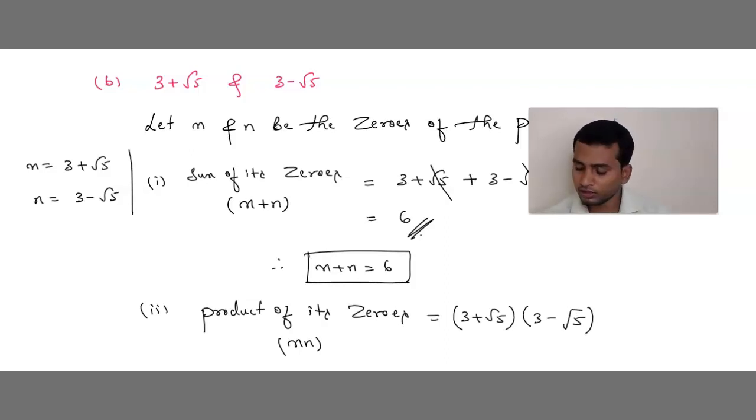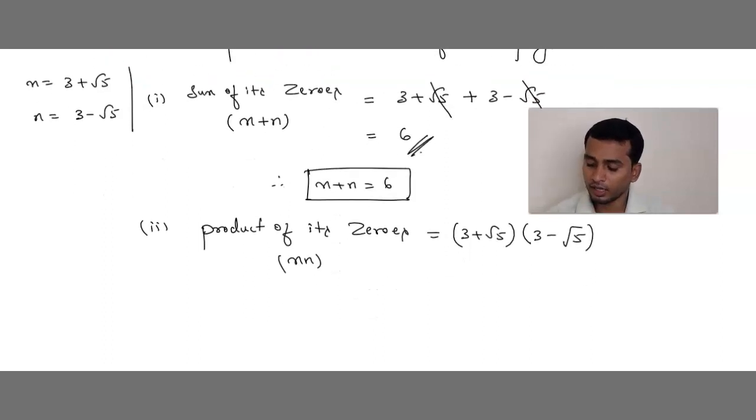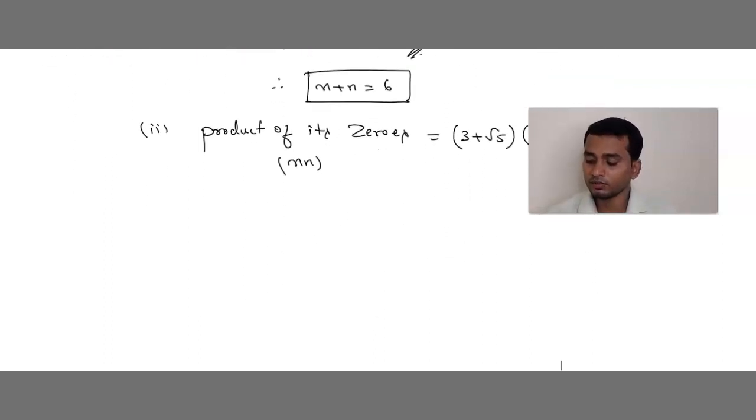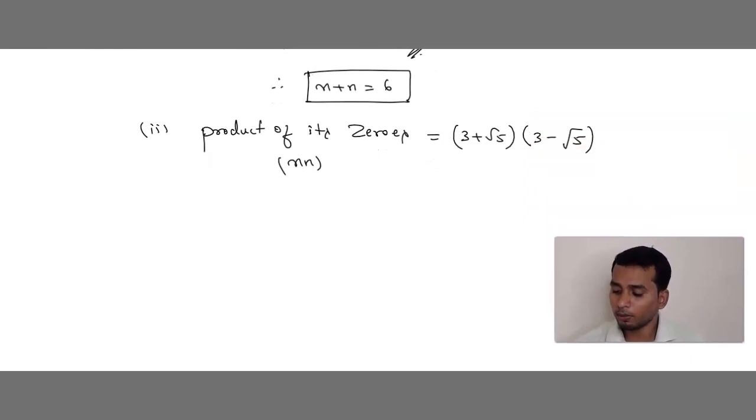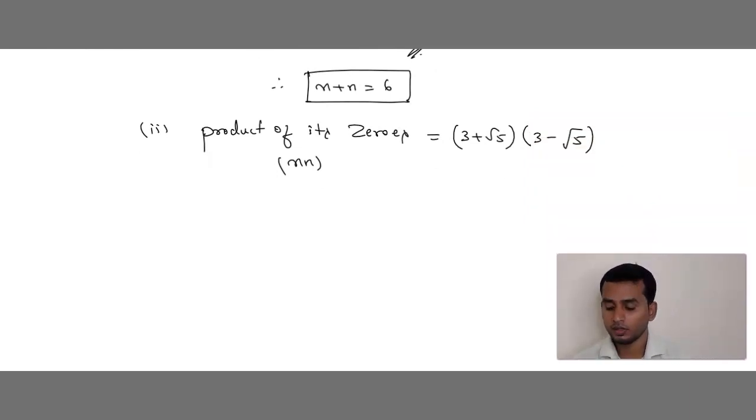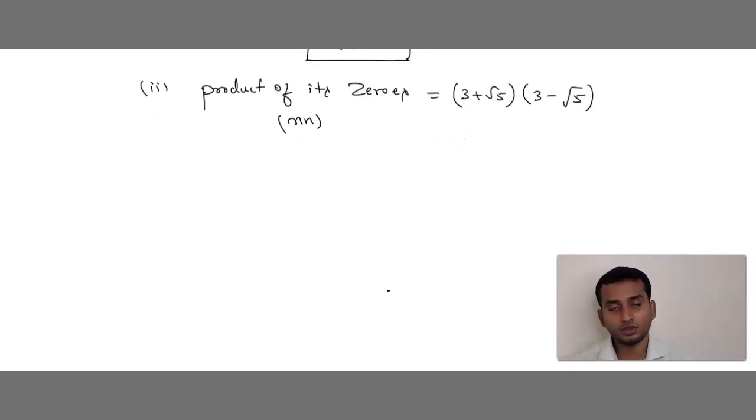Now what should we do, children? We have to multiply, right? Now children, we have two methods to solve this problem. Either you can use the first term multiplied by the next two terms and the second term multiplied by the next two terms, that is 3 into 3 minus root 5, again plus root 5 into 3 minus root 5.